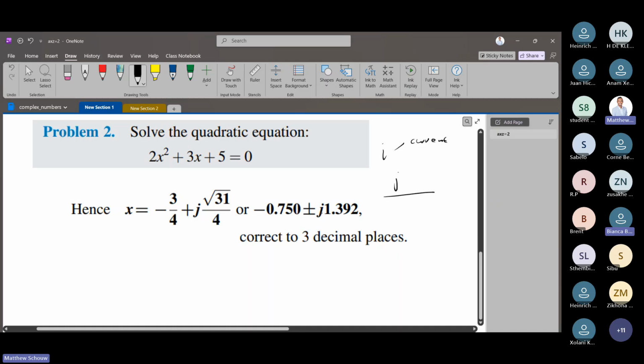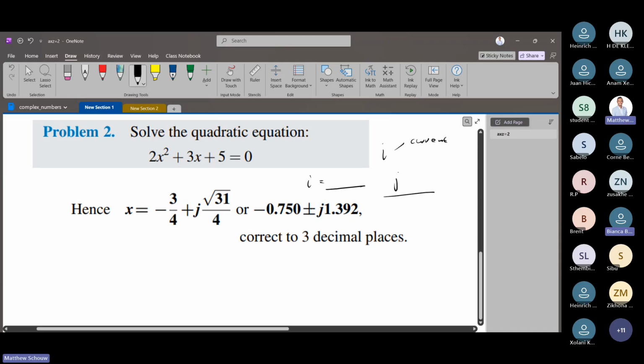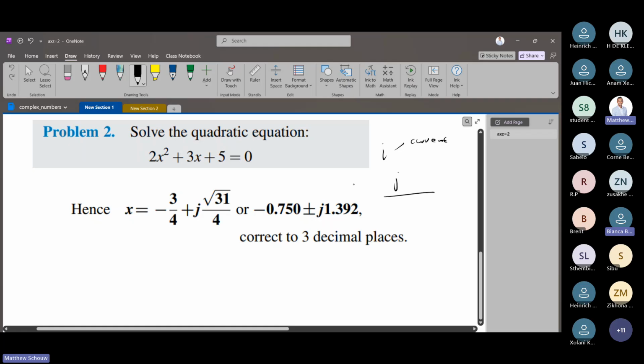If they've got i in the question paper, use j, it's the same thing. It's just to not confuse, because we use i as current when solving AC circuits. They will not mark you wrong for using i or j. It's impossible. Use i, use j, same thing, as long as it's a real part and an imaginary part.